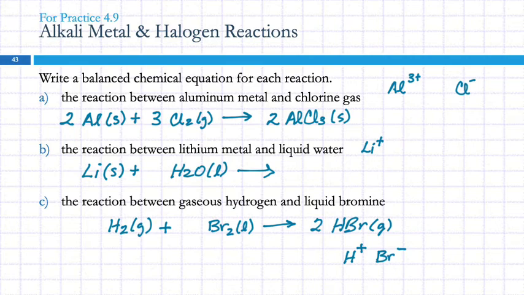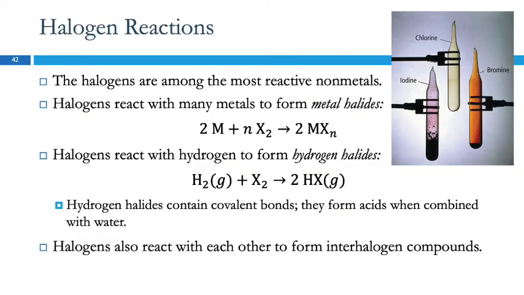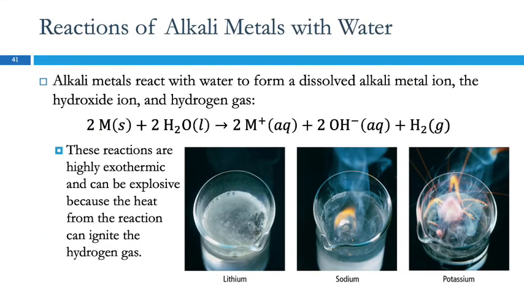And then we might not be exactly sure of what to do with the water. Because water doesn't have a charge. How do we make that into an ion? It's just kind of a mess. Let's look back at this slide. So the alkali metals react with water to form a dissolved alkali ion, a hydroxide ion, and hydrogen gas.